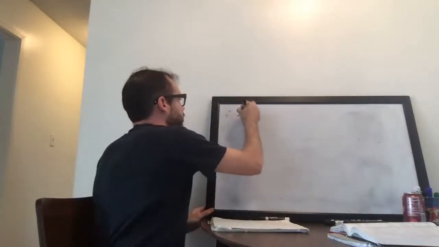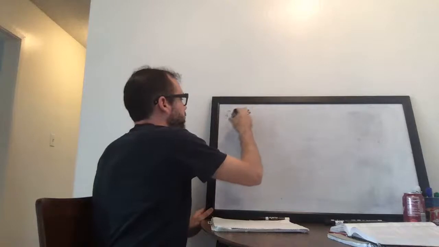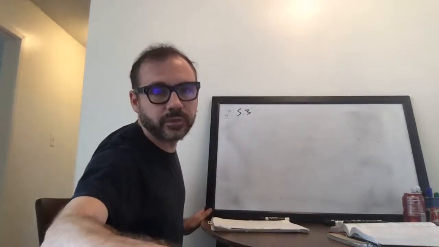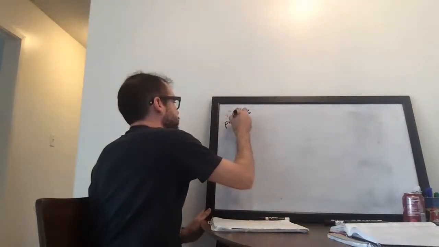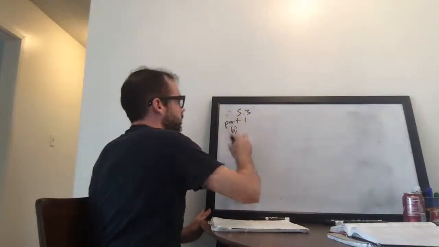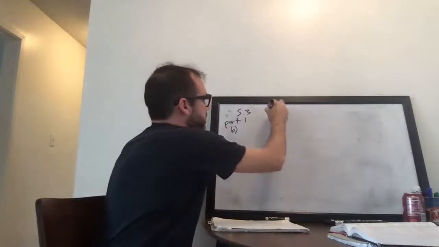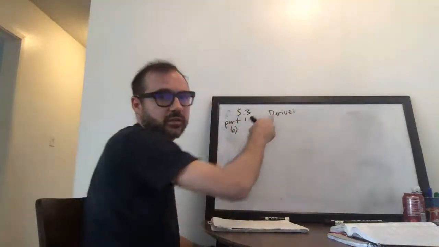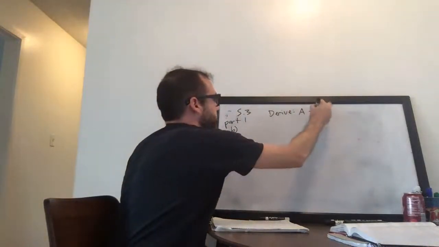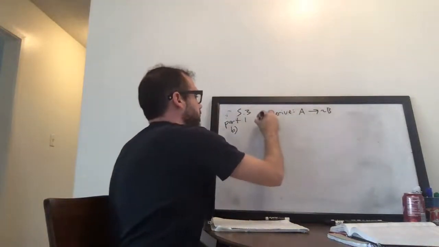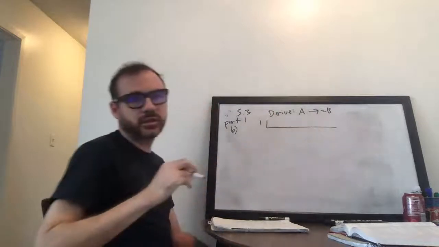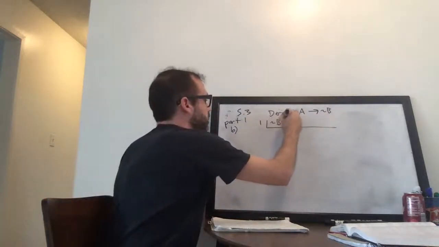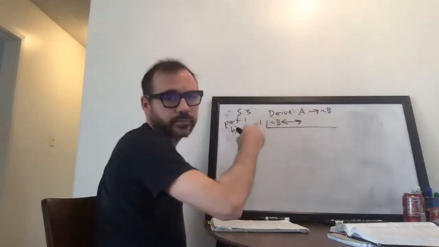This is section 5.3, part 1, problem B. So essentially you have to now derive that if A, then not B. And here's the assumption. The assumption is just that not B if and only if A.